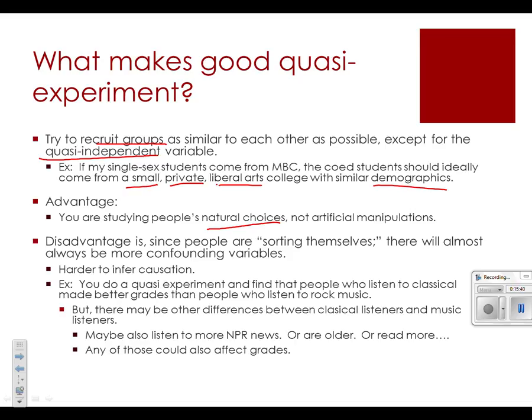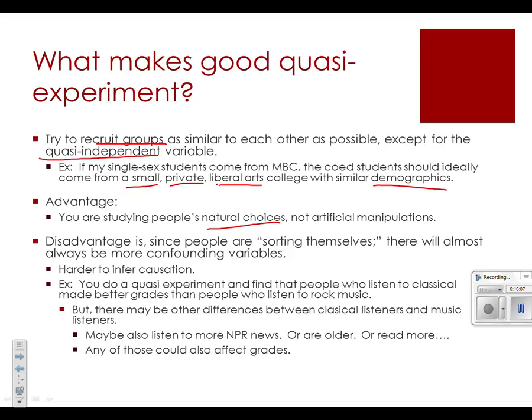Imagine, for instance, there might very well be benefits of attending a single-sex college, but only for people who choose to go there. If people are forced to go there when they'd rather be in a co-ed college, you might not see a good outcome. So that's the sort of thing. So in a way, a quasi-experiment is going to be a little bit more natural.